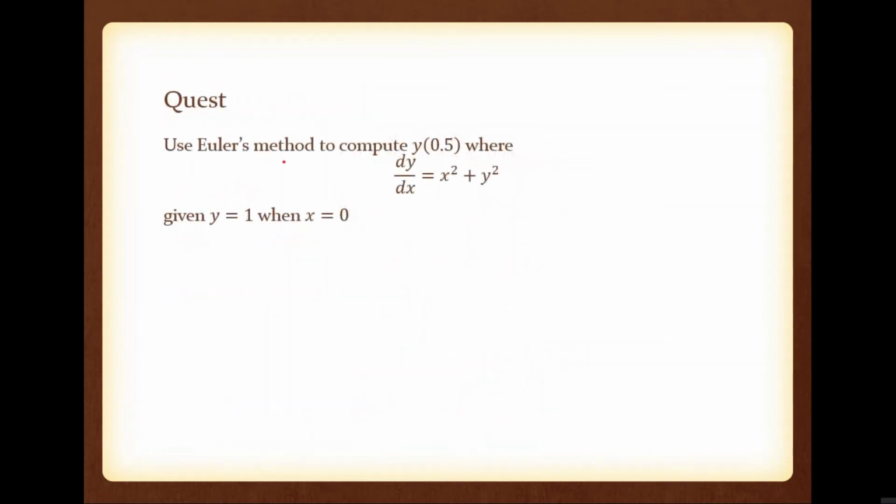So now note down this question. Use Euler's method to compute y of 0.5 where dy by dx is equal to x square plus y square.